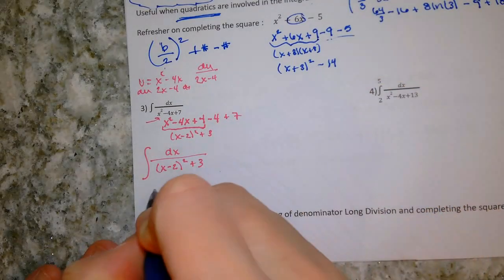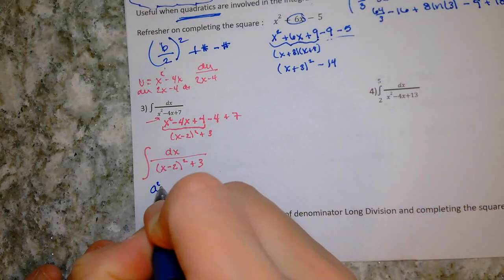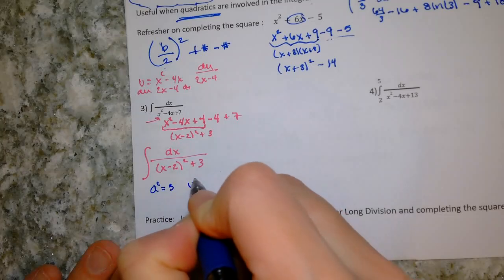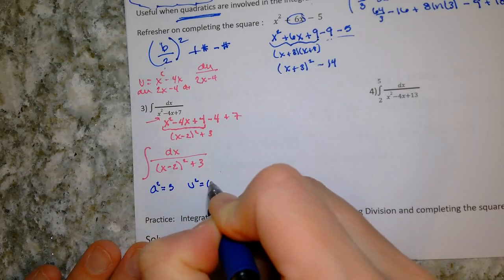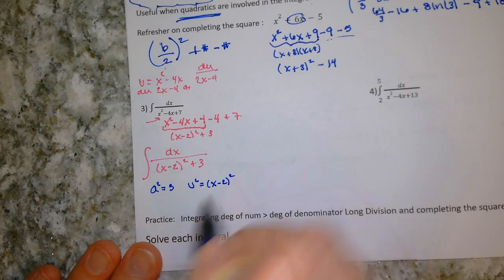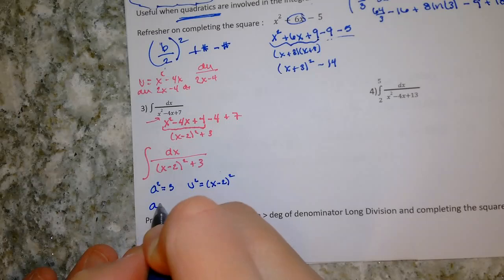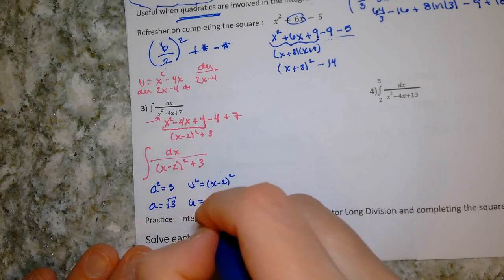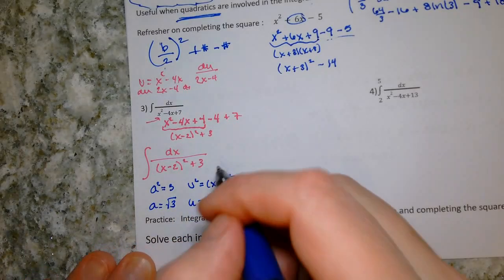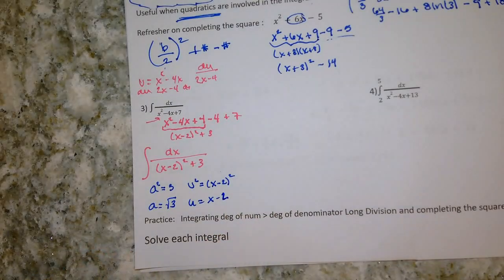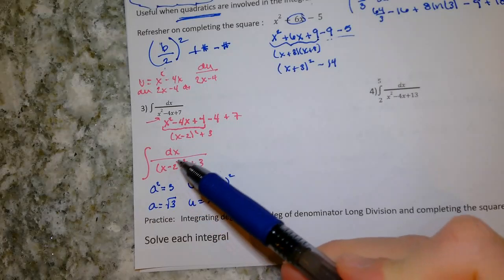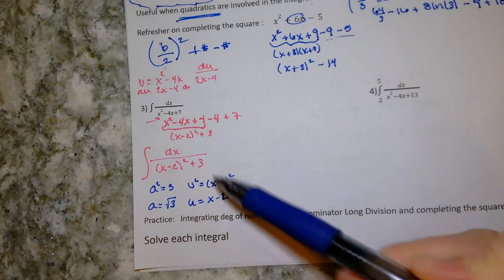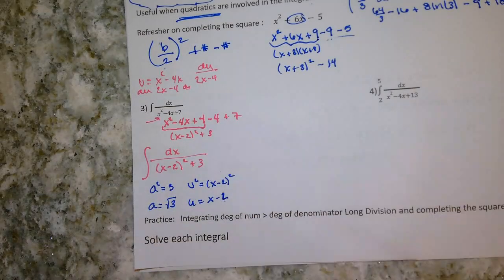So I'm going to say a squared is equal to 3, and u squared is equal to x minus 2 squared. Therefore, a is equal to the square root of 3, and u is equal to just x minus 2. Okay, so again, in arc trig, you need to figure out who you're squaring to get this, which is obvious, it's x minus 2, and who you're squaring to get this, which would be the square root of 3.